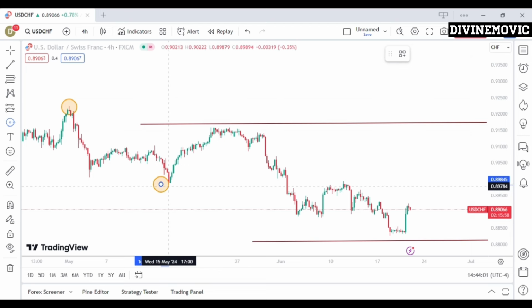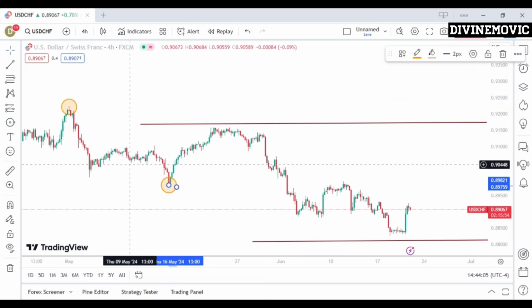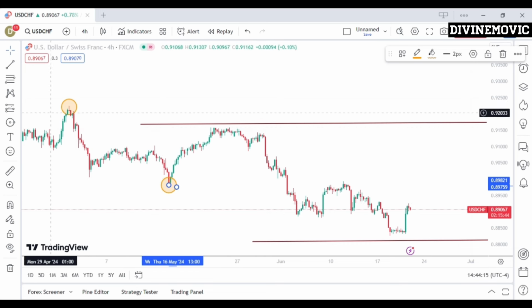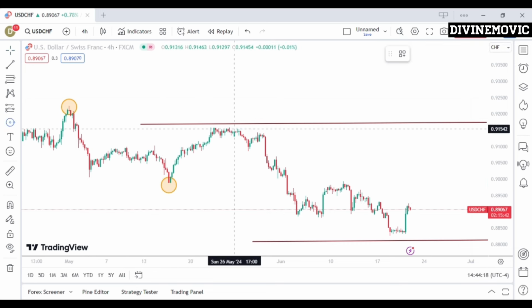That means all of this stuff here, all the action price is doing here, is simply one swing movement, right? And when price gave us this one swing movement, price gave us another high here. So this point is another high. Now we're identifying the market structure, and market structure is simply made up of swing high and swing low.